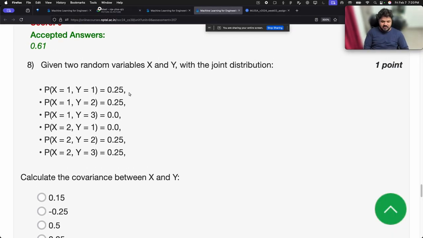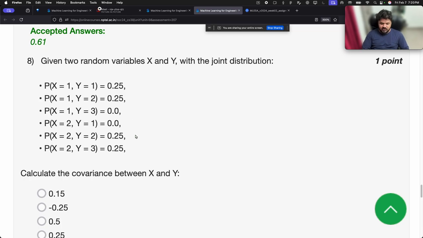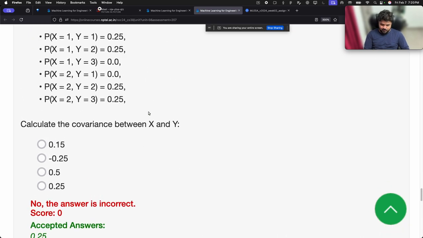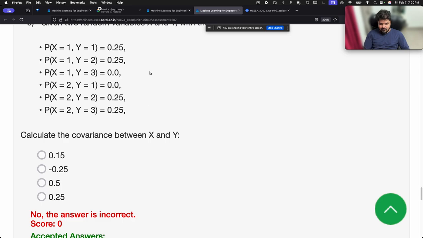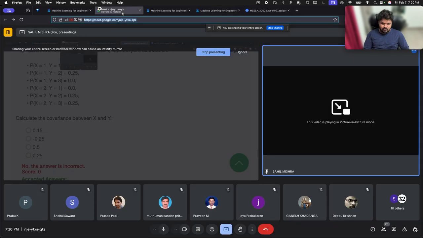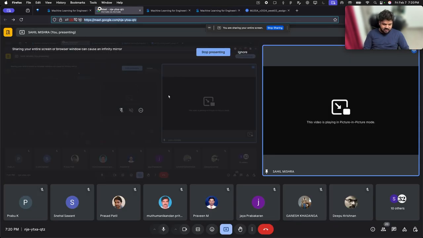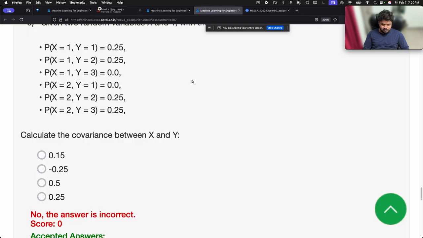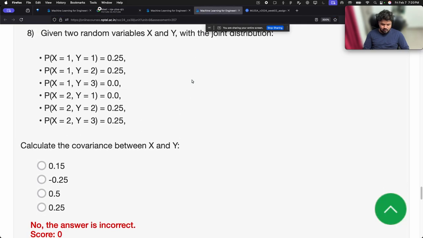Given two random variables x and y with joint probability distribution, what is the covariance between x and y? Can anyone answer it? How do you compute covariance?